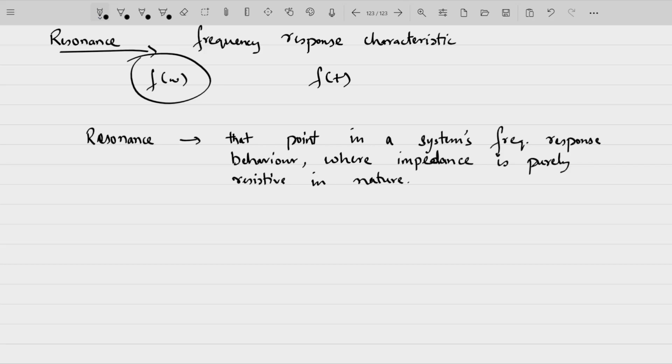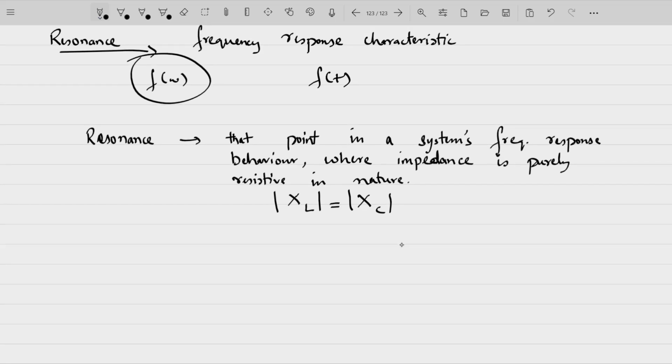In other words, you can also say that the inductive reactance and the capacitive reactance, the magnitudes of these two reactances will be equal at this point, and therefore they will cancel out the effect of each other. So the system will purely behave as a resistive circuit.